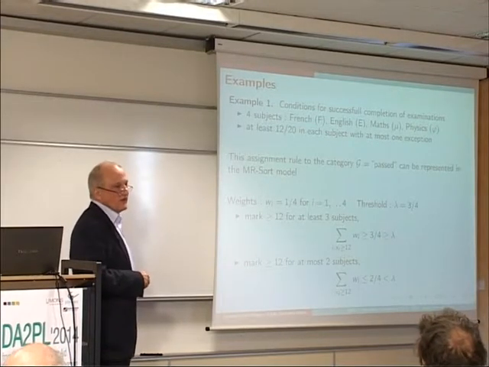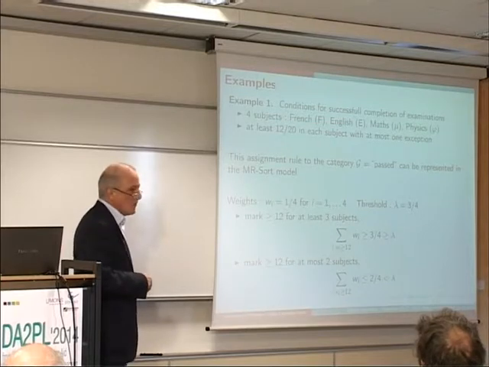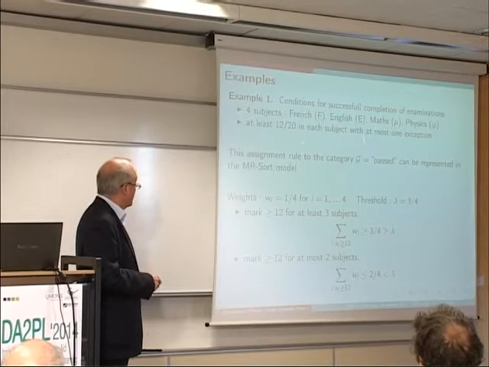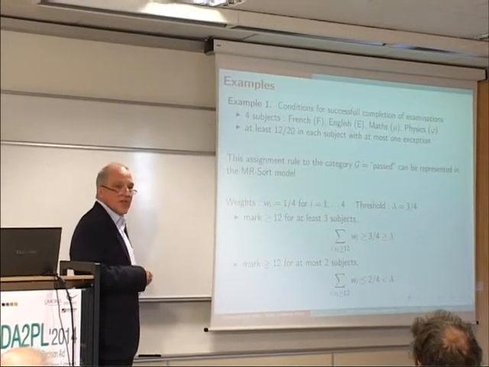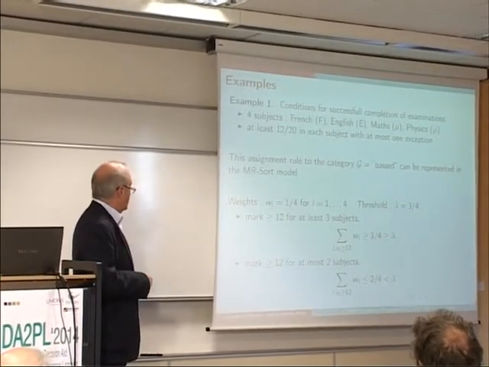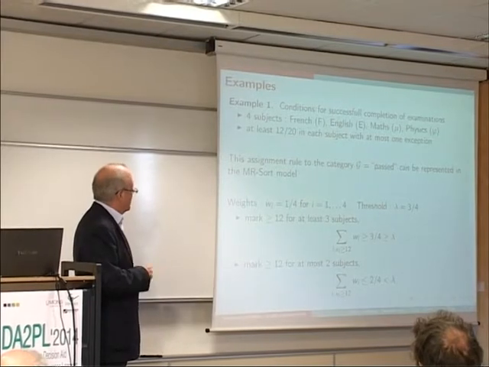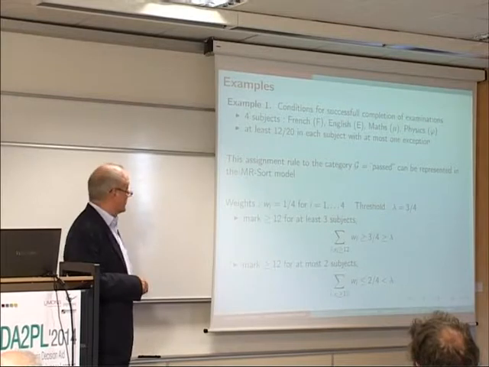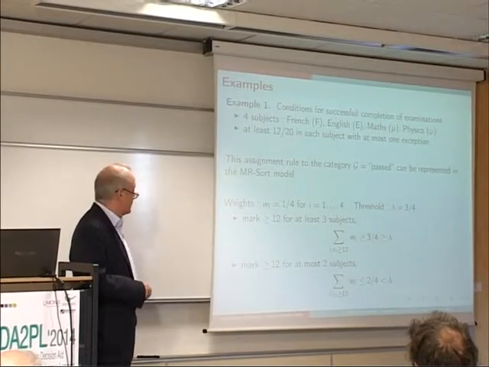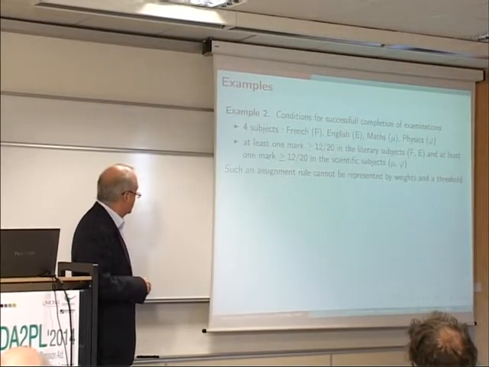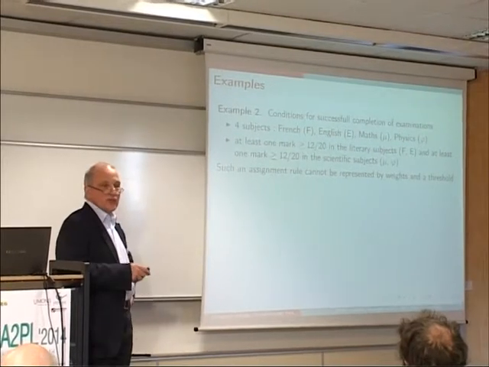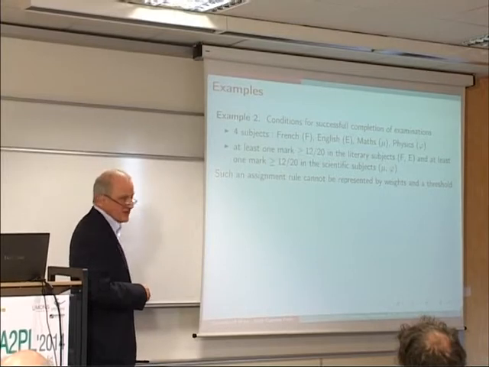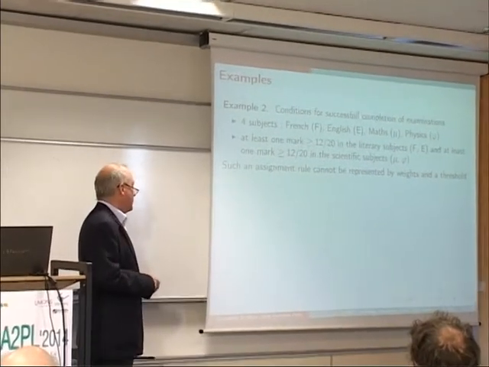Yesterday, Olivier gave examples of rules that can be described in the MR sort model, with exams and things like that. This is an example in which it is possible to represent the rule by the MR sort model, by weights and threshold. And this is another example in which it is not possible. Basically, it's the same as was shown yesterday.